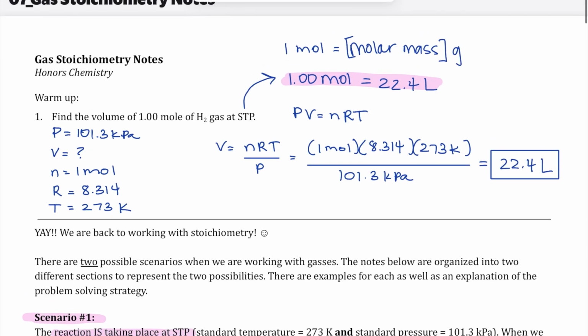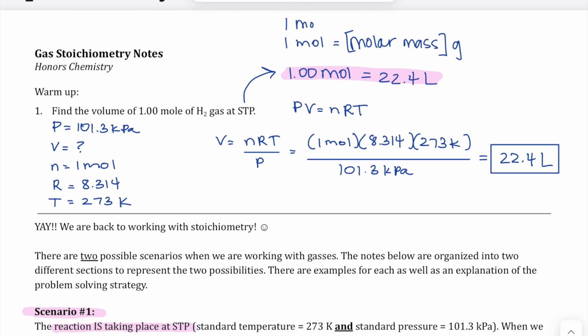We also know that 1 mole is 6.022 times 10 to the 23rd molecules. That's Avogadro's number. We don't use that one as much because we can't measure it in a lab, so we've most often been using the grams.